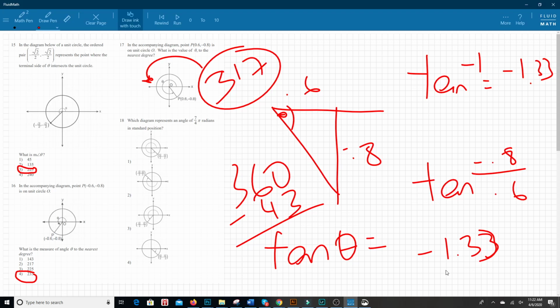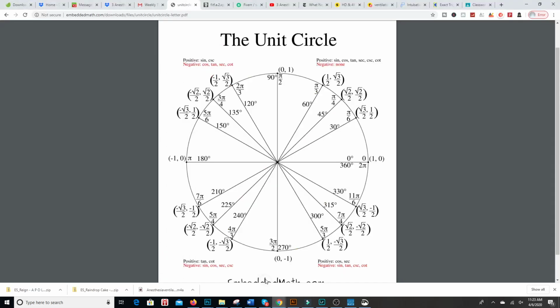What about 18? Which diagram represents an angle of 7 pi over 4 radians in standard position? So let's go back to our unit circle. 7 pi over 4, we're looking at 315. So which one?